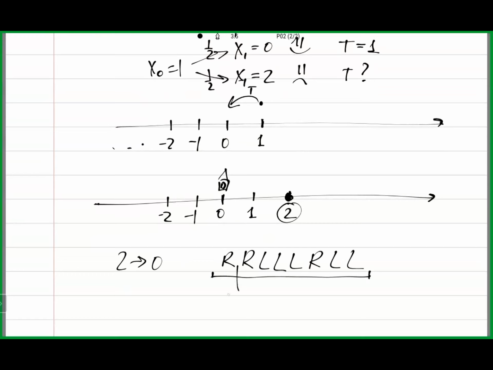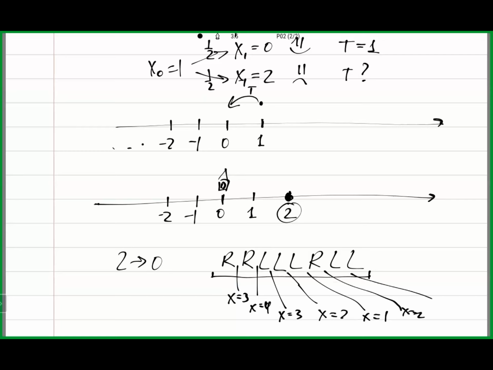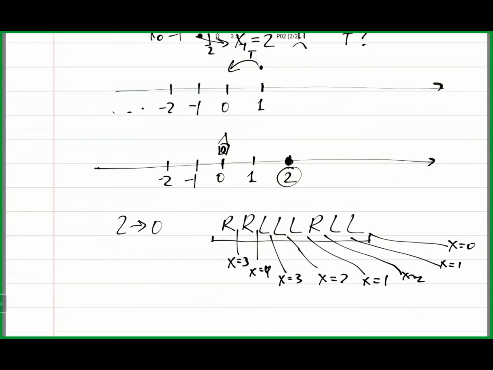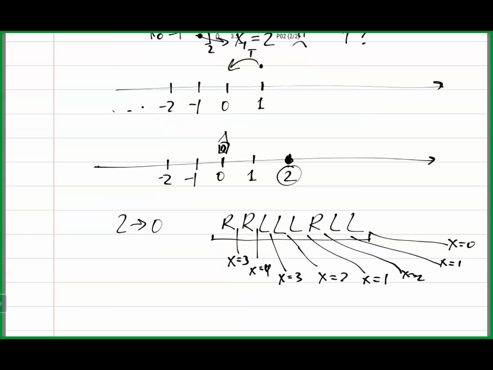Here I'm at x equal to 3. Here I'm at x equal to 4. Here I'm at x equal to 3, x equal to 2, x equal to 1, x equal to 2, x equal to 1, and finally x equal to 0. So that's a possible trajectory to go from 2 to 0.